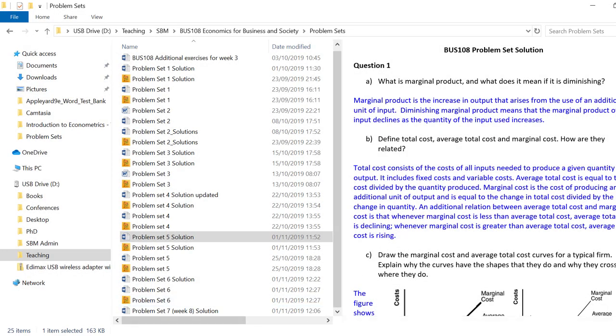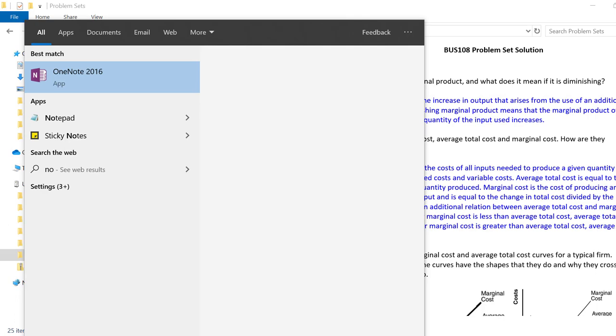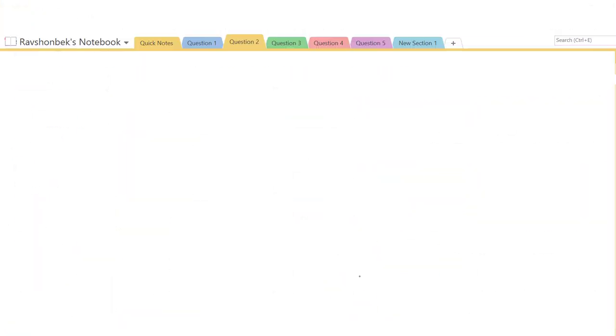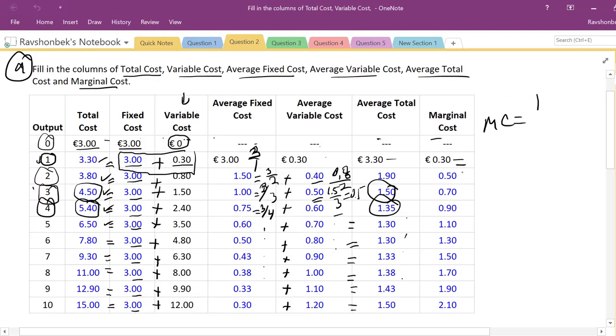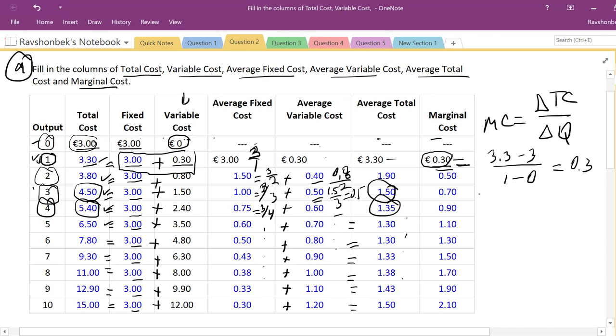So this 0.30 is equal to the change in total cost, that is 3.3, which is this value, minus 3, which is this value here, over 1 minus 0. That's this unit minus this unit. So I get now 3.3.